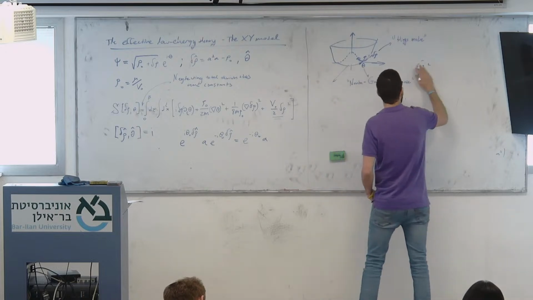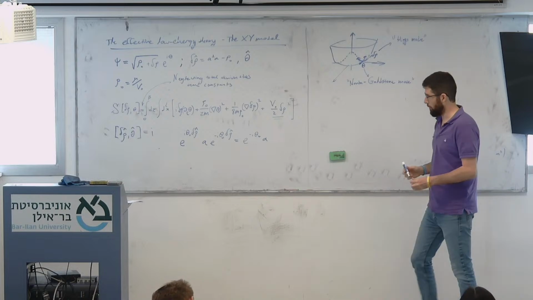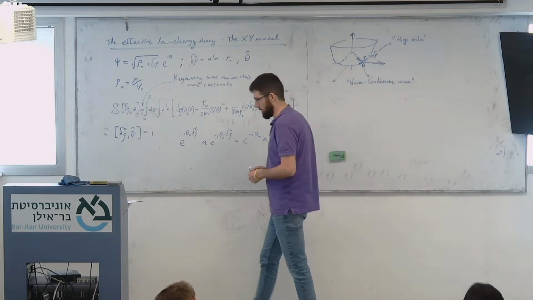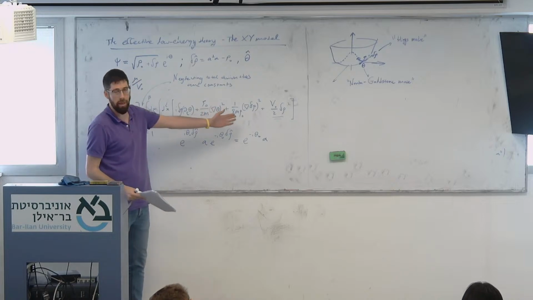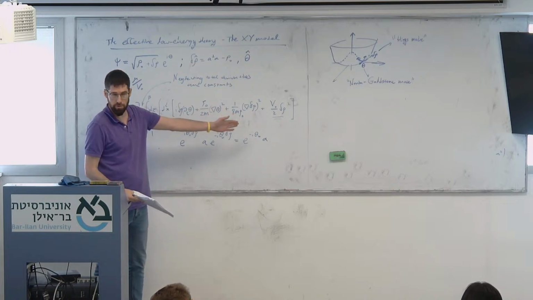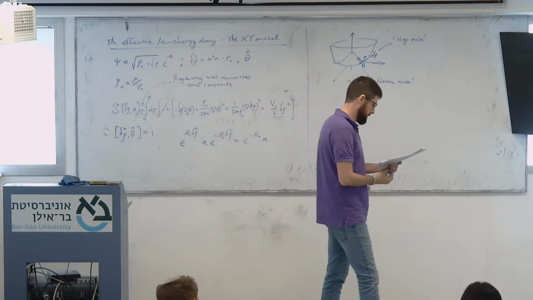So what we want to obtain is the action for the Nambu Goldstone mode, and therefore we are going to integrate out delta rho. So how do we do this? You see that the action is quadratic in delta rho, so it's very easy. We just need to complete the square.